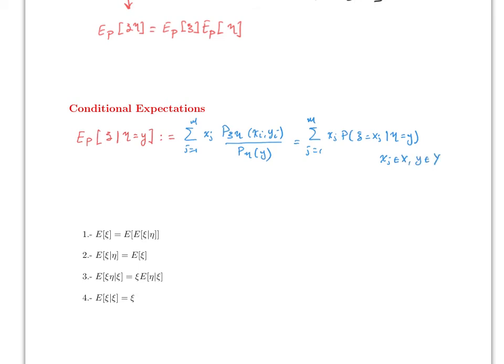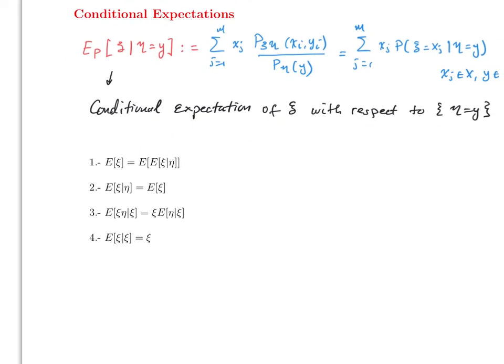So here, to be more specific, this means the conditional expectation of K with respect to nu equals y. The following properties are going to be very, very useful.